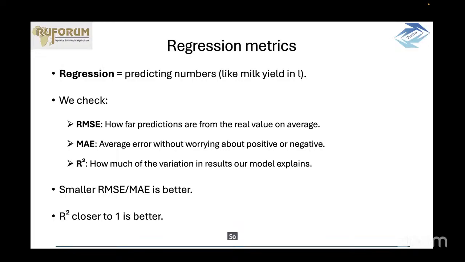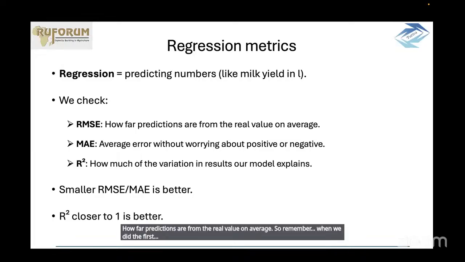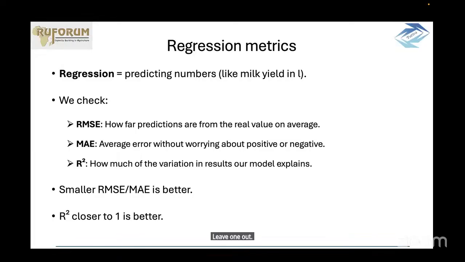So how do you interpret those? For RMSE, it interprets how far predictions are from the real value on average. Remember when we did the first leave one out, our original Y was 30, and we predicted 31, okay?